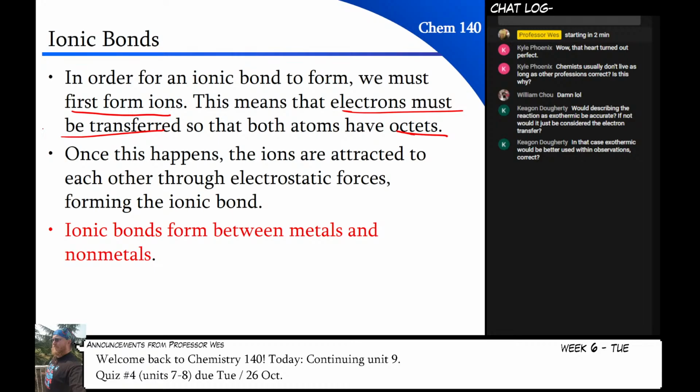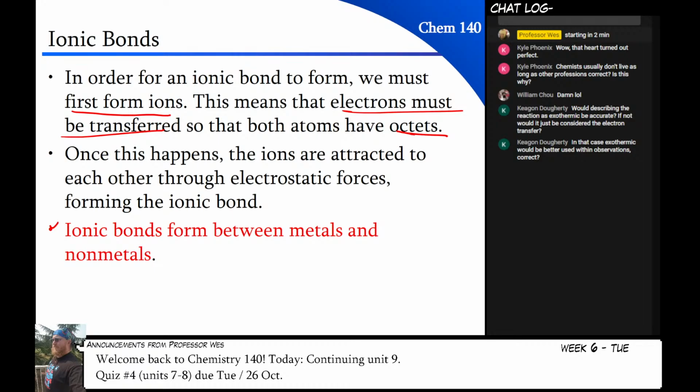Now, in red here is an important note about bonds between metals and nonmetals. In order to form an ionic bond, you have to choose an element that wants to give away its electrons, and you have to also choose an element that wants to accept electrons.